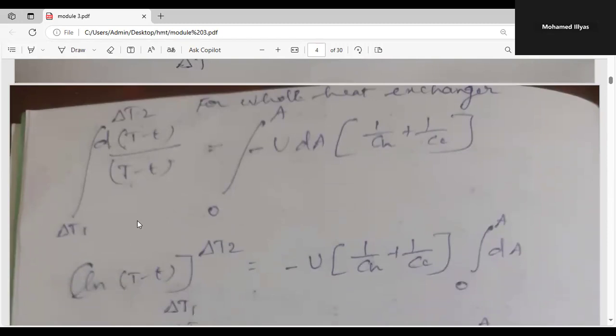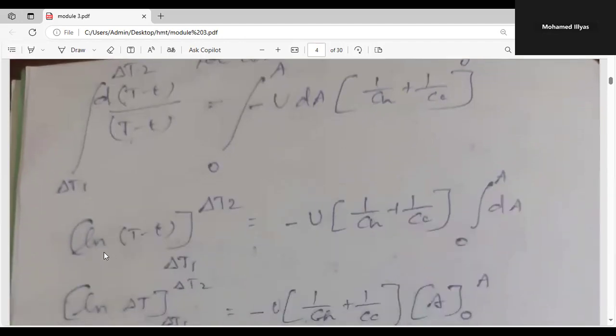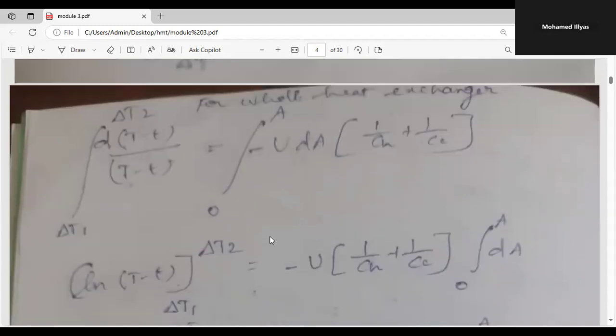So having integrated this, 1 by (T minus t) d of (T minus t) can be written as ln of (T minus t) with its limits.